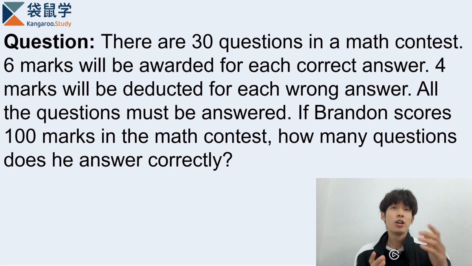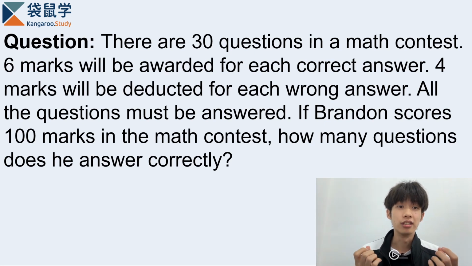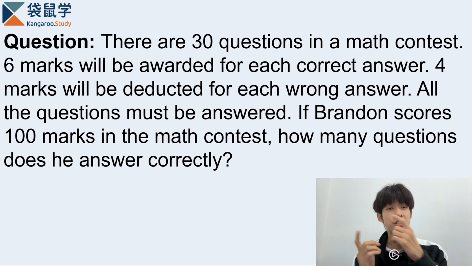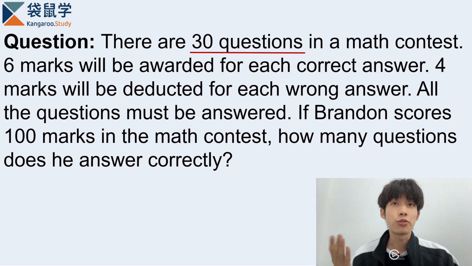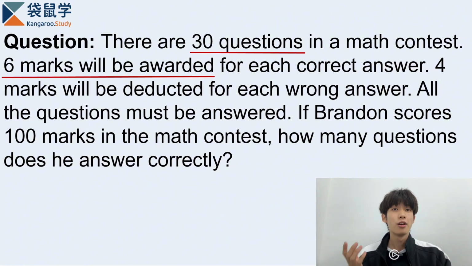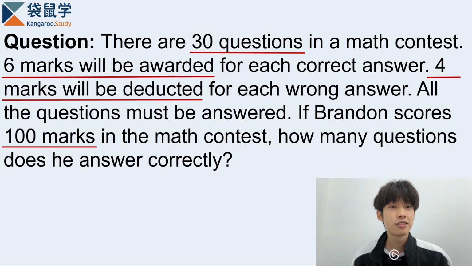But for this question, it doesn't have rabbits or chickens. So why are we using the chicken and rabbit example? Let's see the information in this question. There are a total of 30 questions. If the question is correct, we get 6 marks. If the question is wrong, we get minus 4 marks. And it has a total of 100 marks.